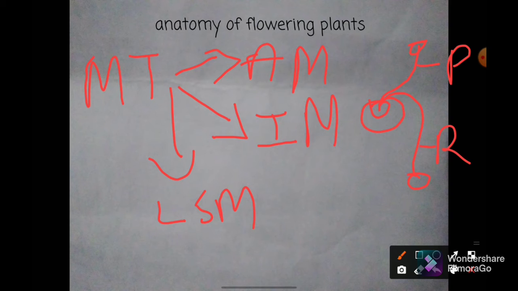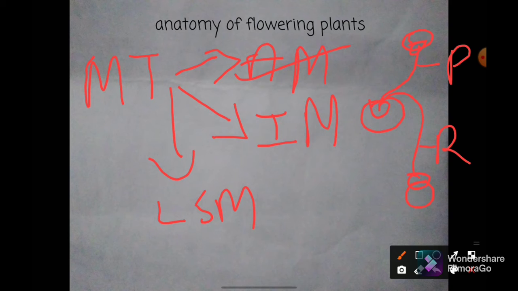The name itself suggests the shoot apical meristem is at the tip of the shoot over here, and the root apical meristem is at the tip of the root over here. It's that easy.